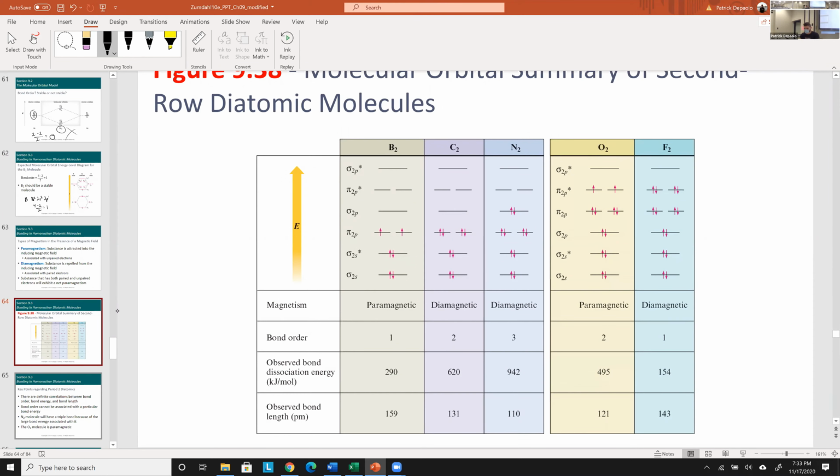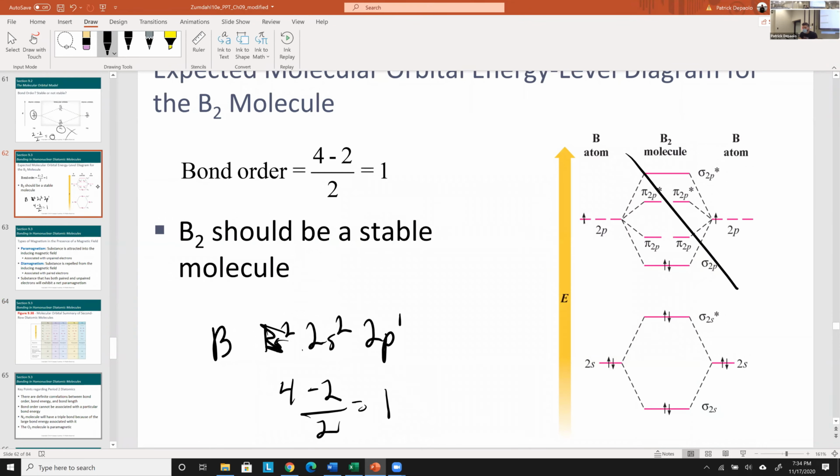Because look, B2, hold on. I need to double check. B2 molecular orbitals. Oh yeah, wow. Okay. This is wrong. Weird. That's the textbook for you.